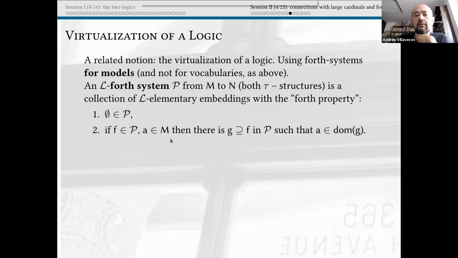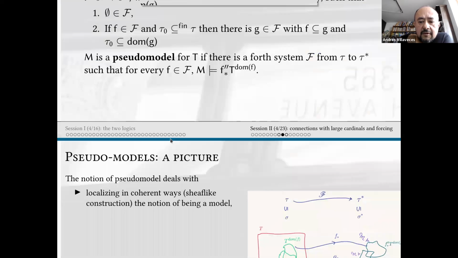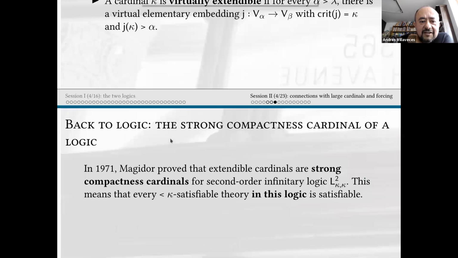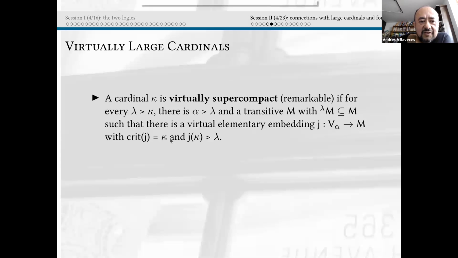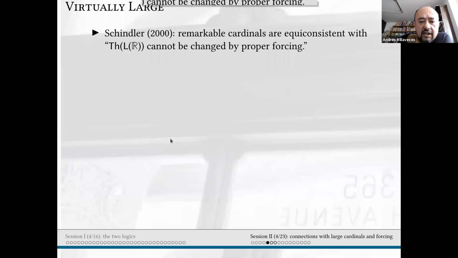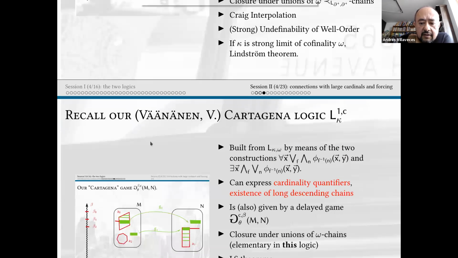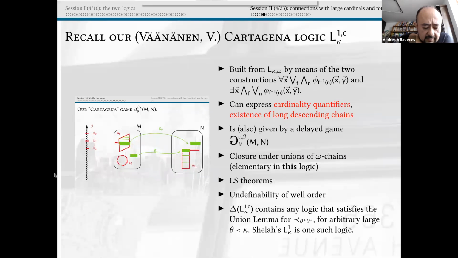So remember our games. We had much more complication in our games from the first slide. Let me go. I don't know why this is moving this way, but these games that we had here had a lot more complication than the ones we now have.